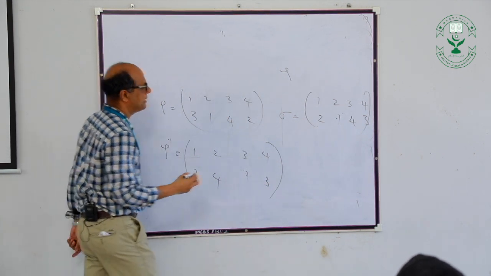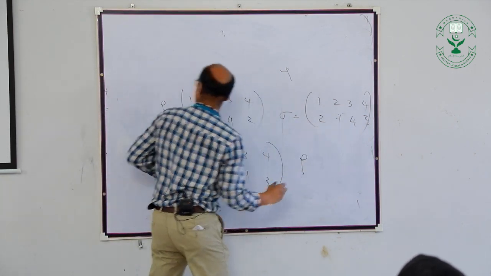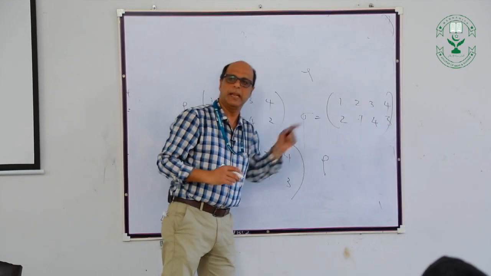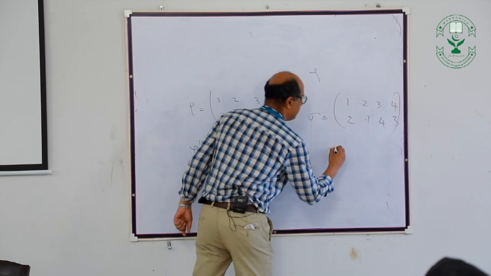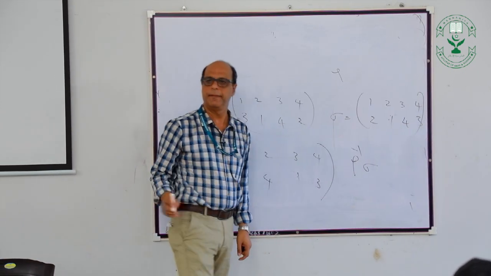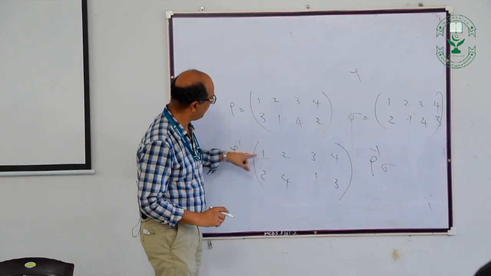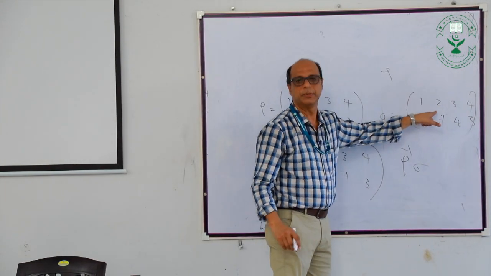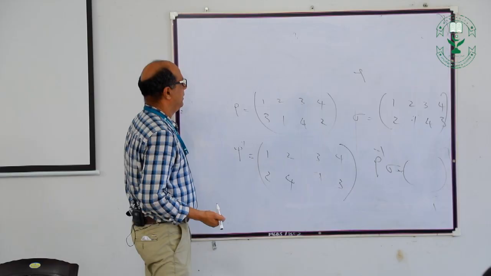They may ask to find out with rho being this one and sigma being this one. They will ask a question like this: find sigma, rho inverse sigma. So you have to find what the rho inverse is and multiply this with the rho sigma. So you will get an answer. Normally they will ask this in your examination for S4 students.